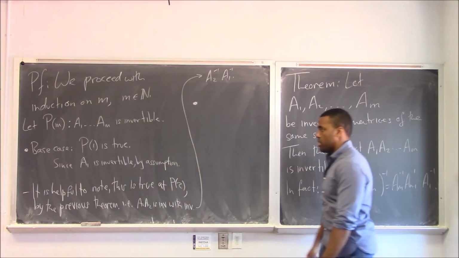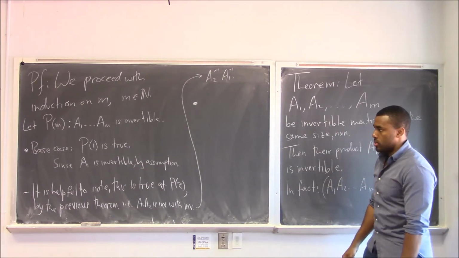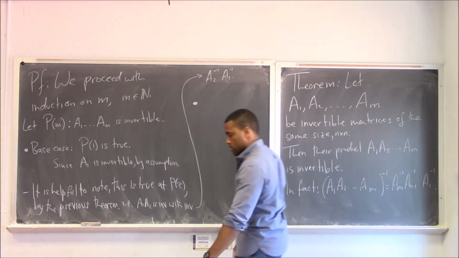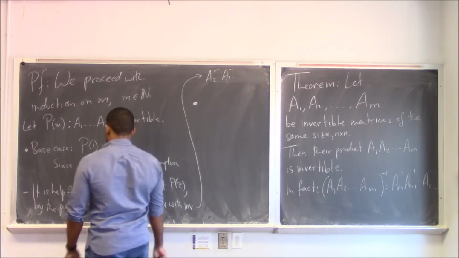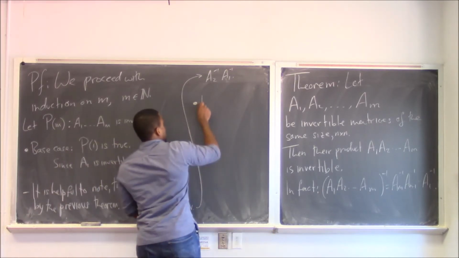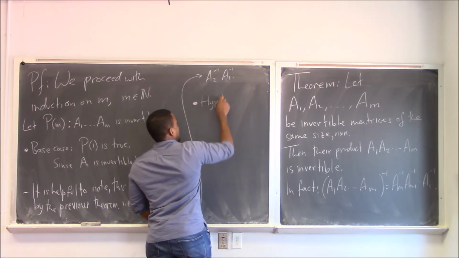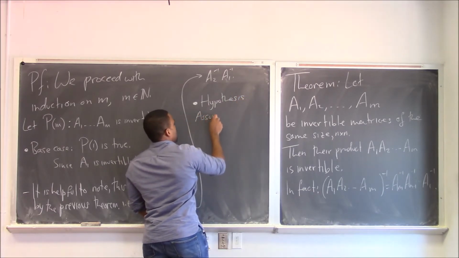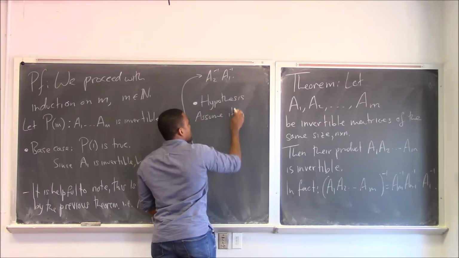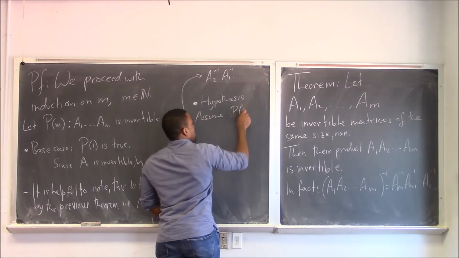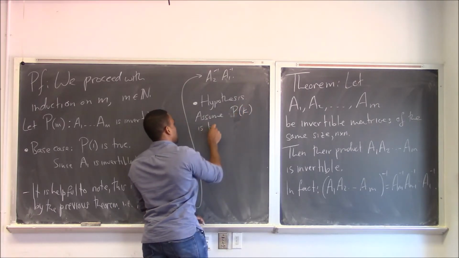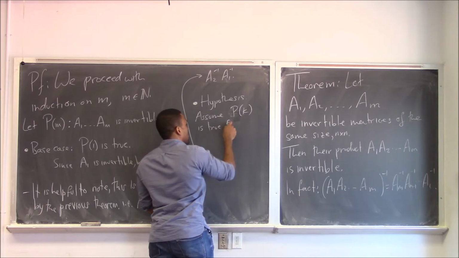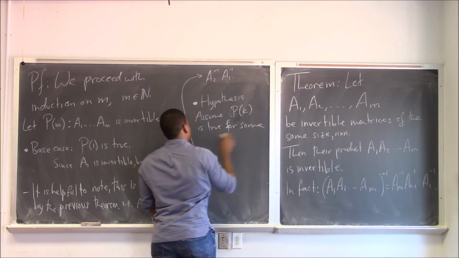What's the next step in an induction proof? Create your induction hypothesis. What does that hypothesis say? That it is true for an arbitrary integer k. Assume P(k) is true for some particular k.